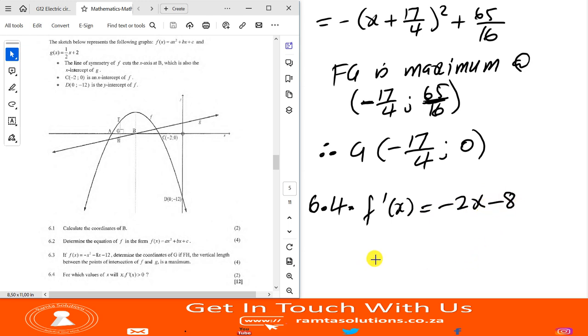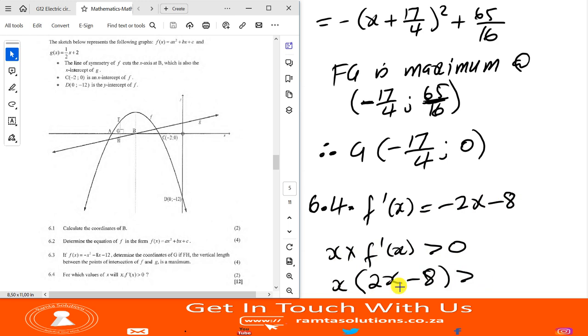All right? So now we are looking for x multiplied by f prime x greater than 0. So this will be x times negative 2x minus 8 is greater than 0.